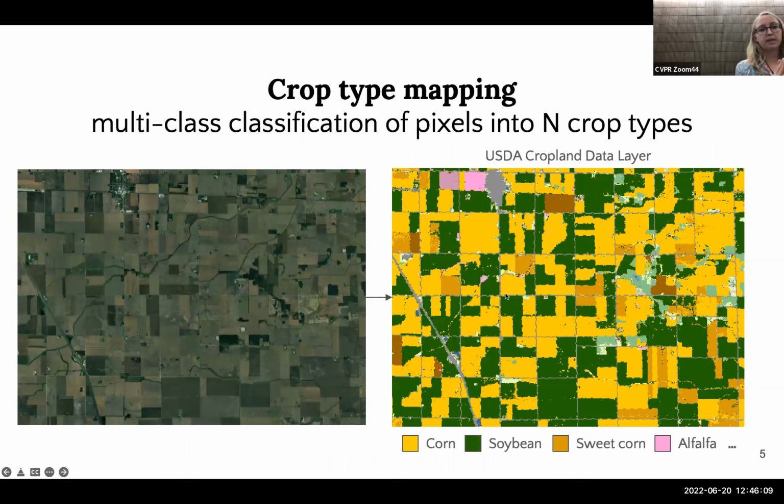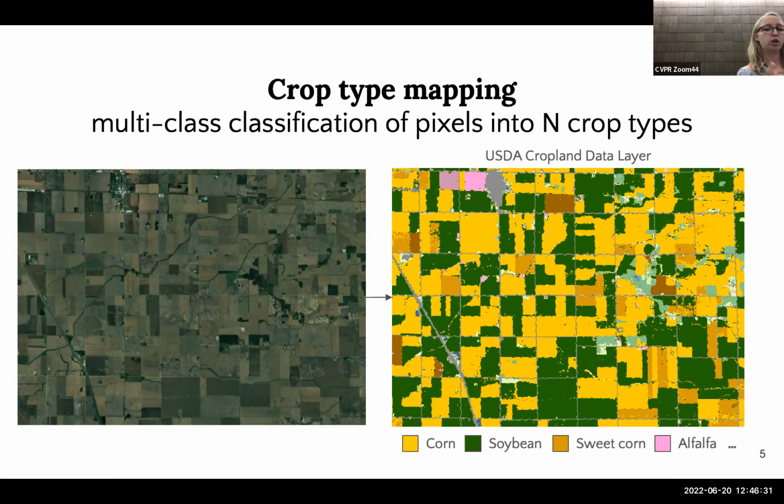So crop type mapping is similar, but here we're classifying every image or pixel location, generally a pixel location, into one of N crop type classes. In this example, this is the USDA cropland data layer, which is a random forest result.